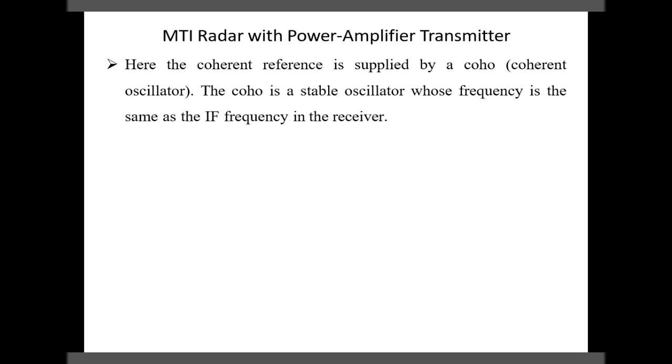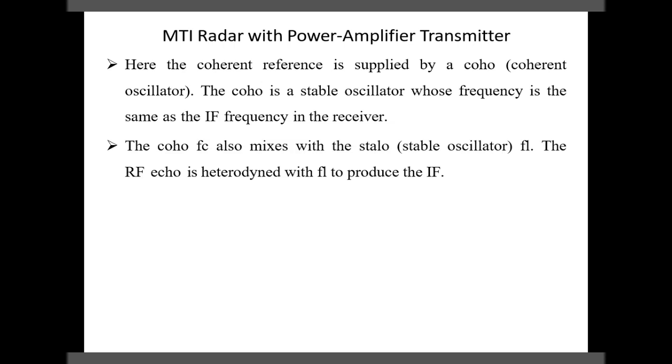The COHO is a stable oscillator whose frequency is the same as the IF frequency of the receiver. The COHO frequency FC is also mixed with the STALO. What is STALO? STALO is a stabilized oscillator generating the frequency FL.